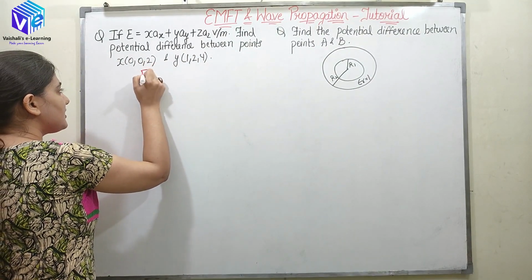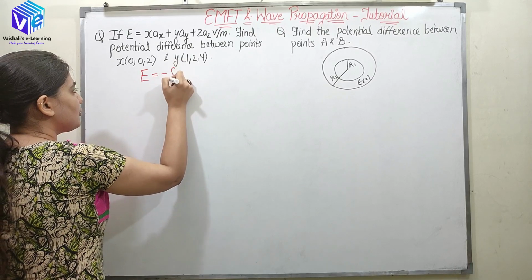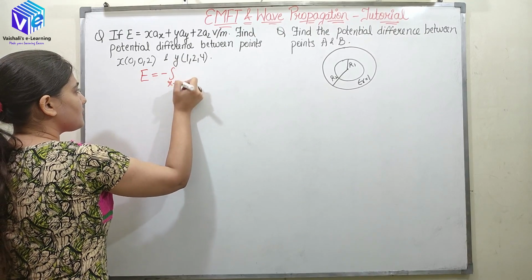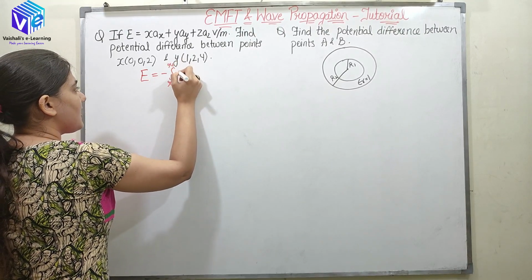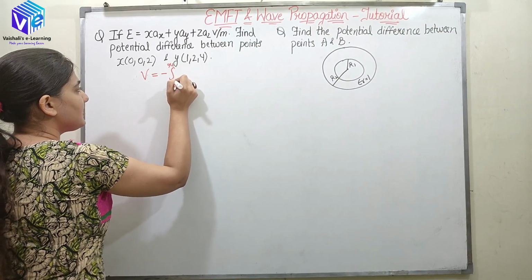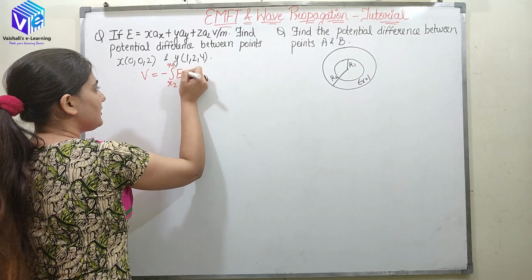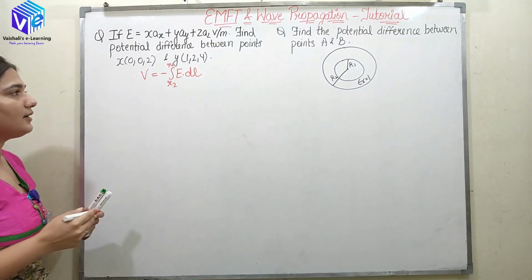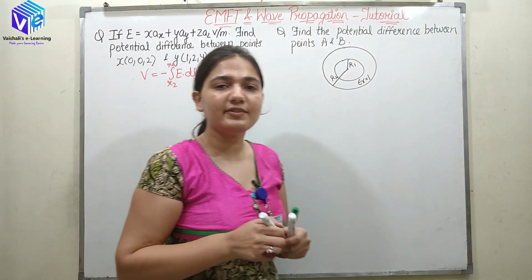So what is the relation? V is equal to minus integration from R2 to R1 of E dot dl, where this is R2 and this is R1. So this is the relationship between V and E.